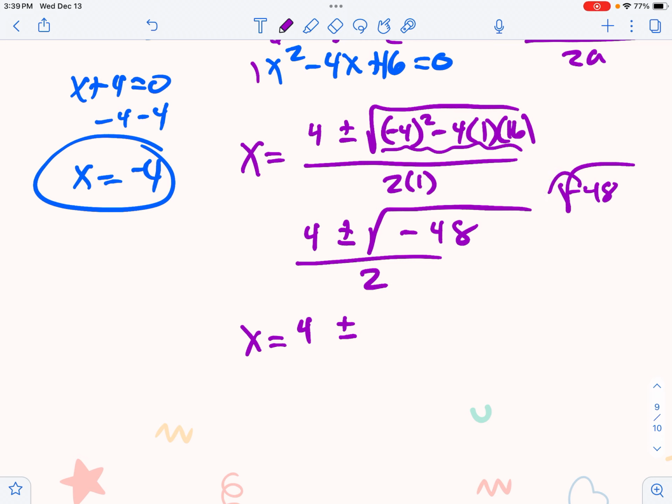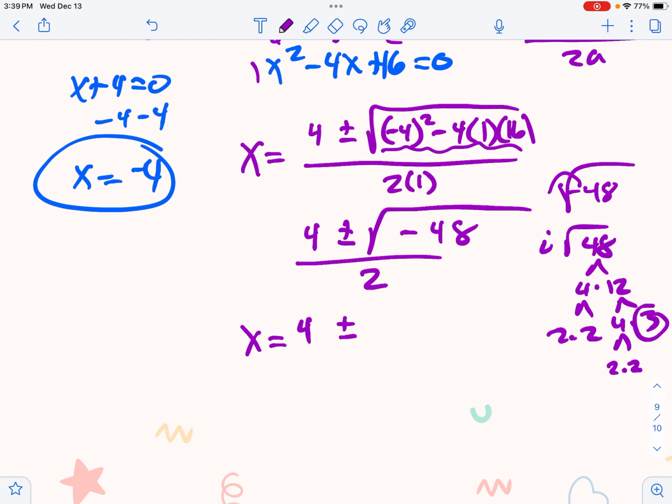Okay, take the negative out. That's an imaginary number, so that's i. 48, if you break it down, 4 times 12. 4 is 2 times 2. 4 times 3. 4 is 2 times 2. Those are prime. So basically, square root of 2, 2, 2, 2, and 3.